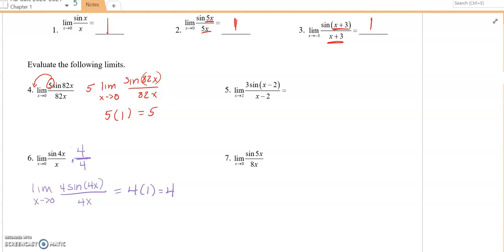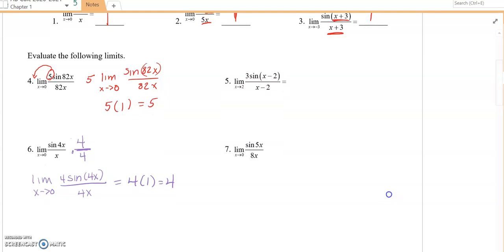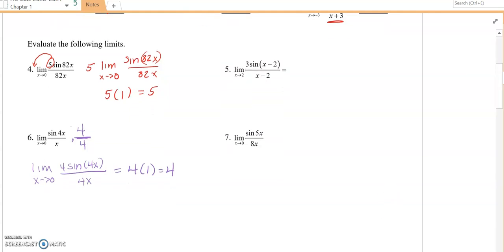I am going to look at number 7. But before I do, I want you to pause the video and try to come up with a plan. I want you to look at the statement I wrote in purple and convince yourself that it is equivalent to what was given. That's what I'm thinking about in my head. I'm taking this 8, which is really 1/8, and just putting it out in front.